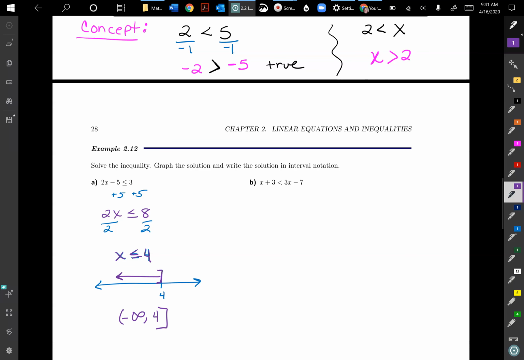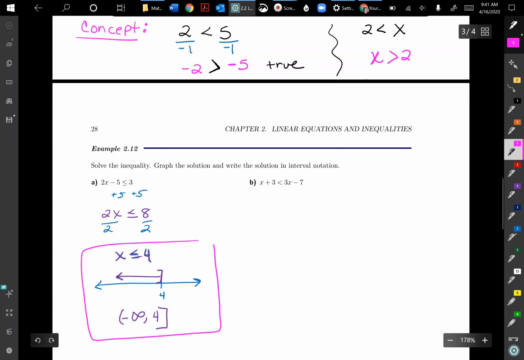A lot of times you are asked to do all three, like on a paper quiz or homework. In your homework, you might have different ones, just saying one or the other. Okay. So B, I want you to try that one on your own and see how that goes.